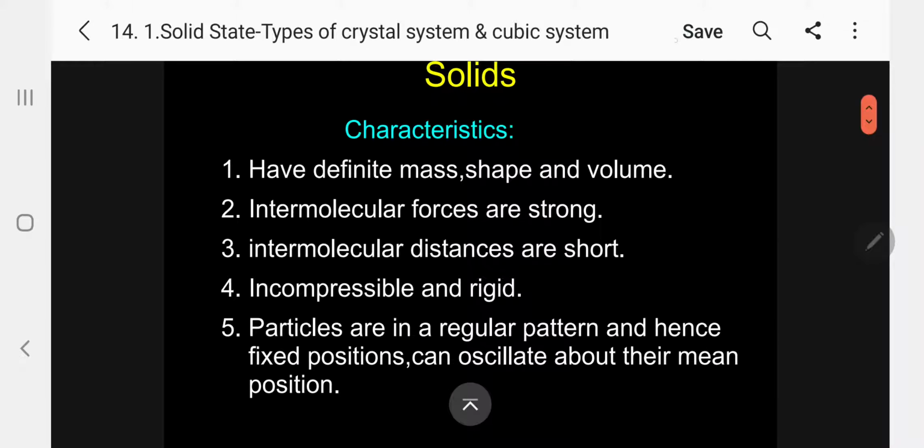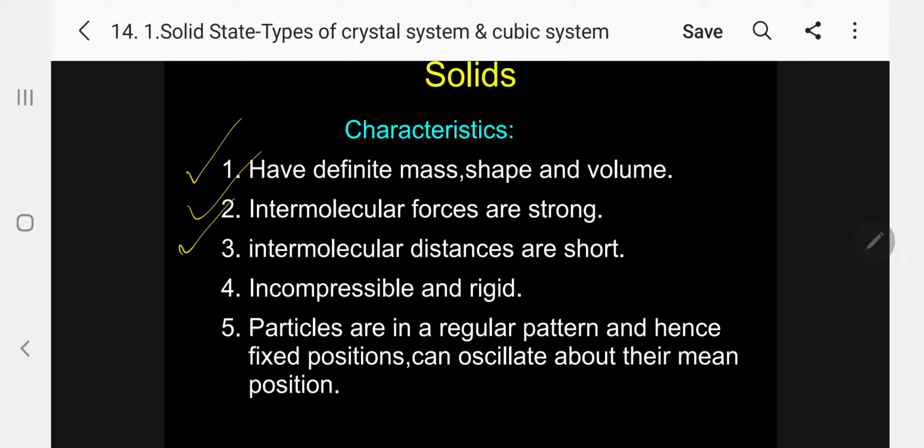Now, what are the characteristics of solids? Let me discuss. Please follow. Number one, solids have definite mass, definite shape, and definite volume. Two, in solids, intermolecular forces are strong.